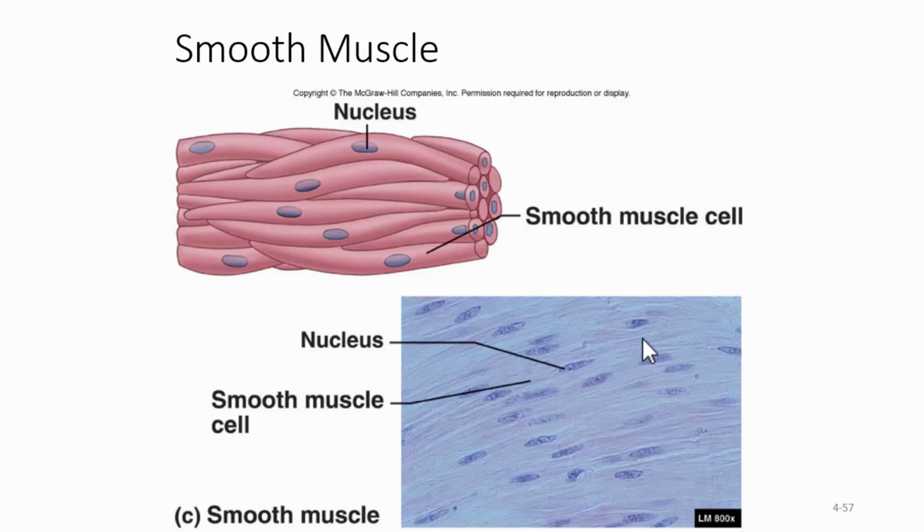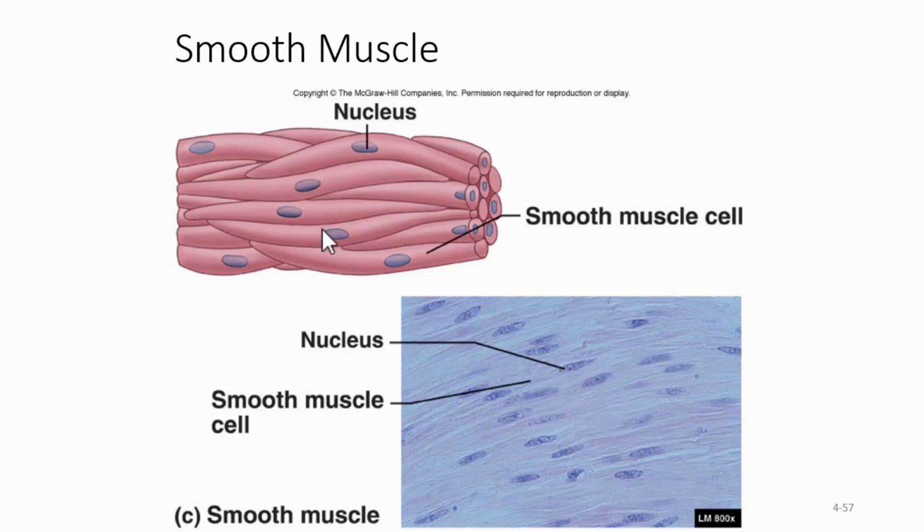The next one is smooth muscle. You see how it has these, we call them spindle-shaped or cigar-shaped or fusiform shaped. Those are all the same type of description for this type of cell, or the nucleus, I should say, that is kind of tapered.